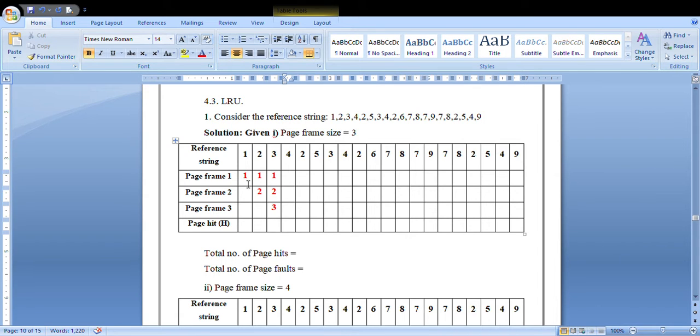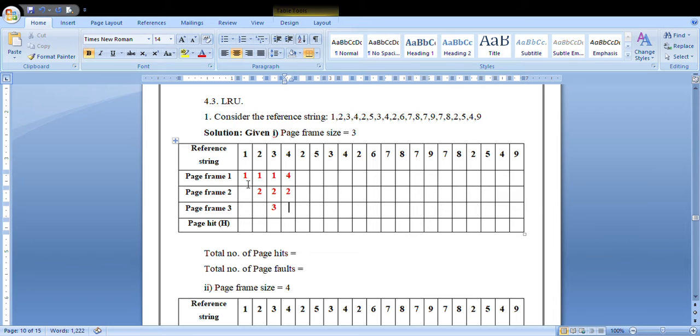Next you need to allocate 4, a new page. Here also you consider the oldest one. Here 1 is the oldest one, so you replace it because the new page is not already in the frame. So 1 is replaced by 4 in page frame 1.